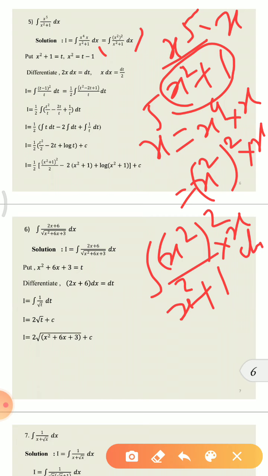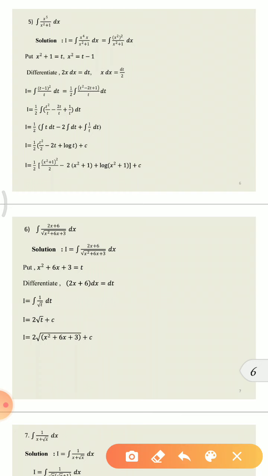Then we put x square plus 1 is equal to t, and x square is equal to t minus 1. The derivative of x square is 2x dx, and 1 is a constant, so 0, giving 2x dx is equal to dt, and x dx is equal to dt by 2.